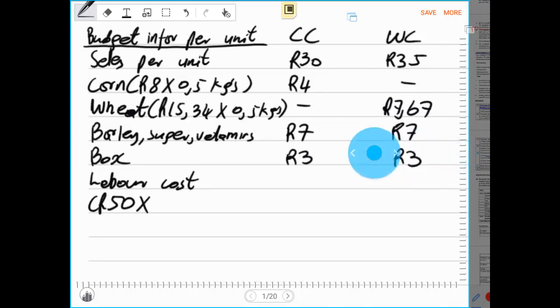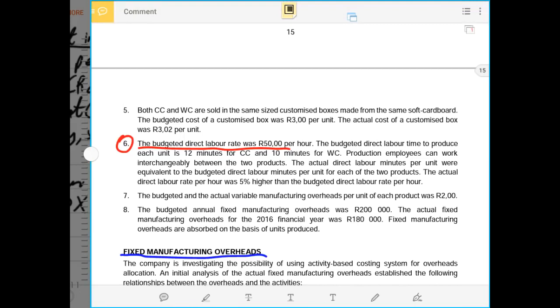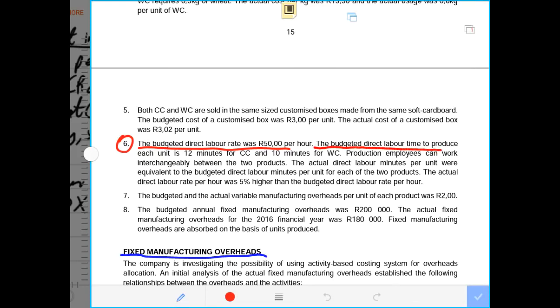So now we need to know how many hours it takes to complete 1 unit of the whole wheat, and how many hours it takes to complete 1 unit of product corn cereal. They say the budgeted direct hours to produce each unit is 12 minutes for product CC and 10 minutes for product WC, and all the employees are being paid 50 rand per hour.